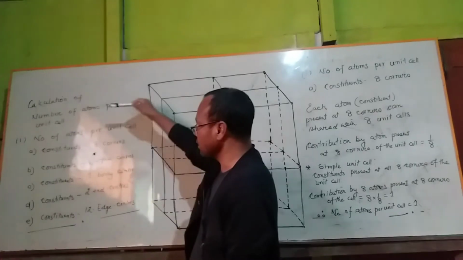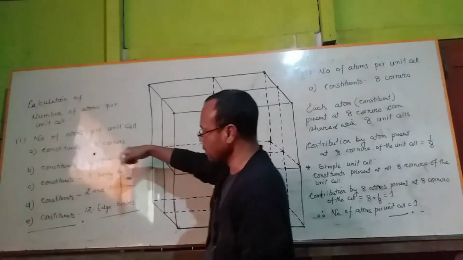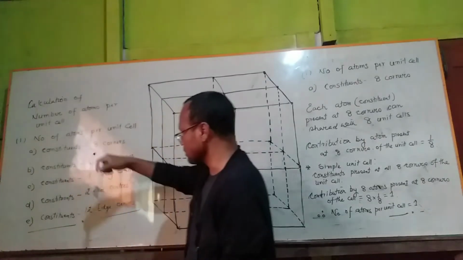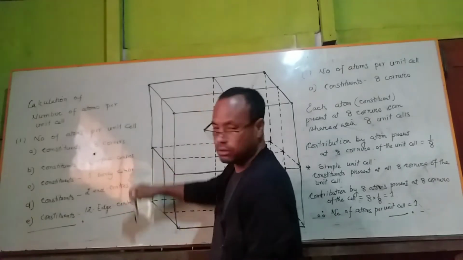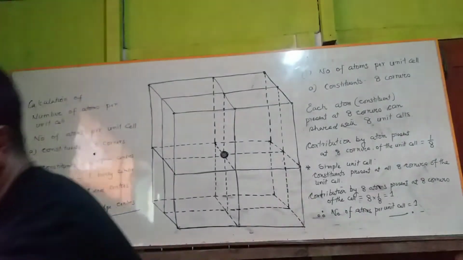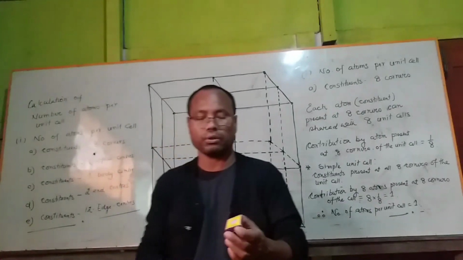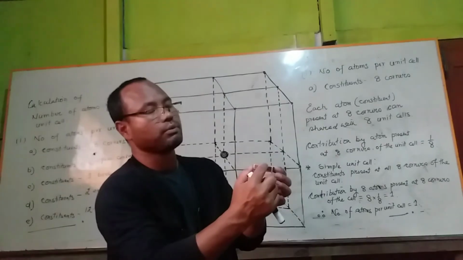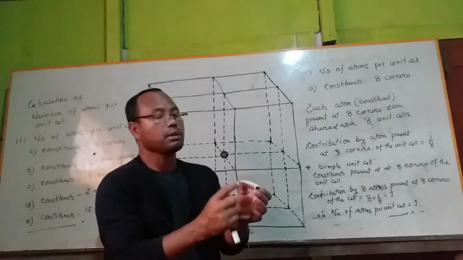And one additional, here I just show you. How many atoms per unit cell when the constituents are present at the edge center? See here, where is the edge of this box? This is one of the edges of this box. How many edges?